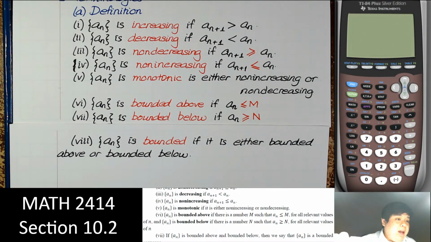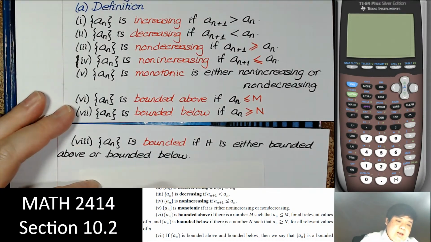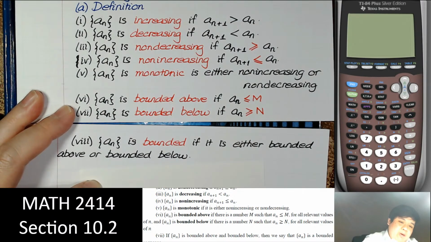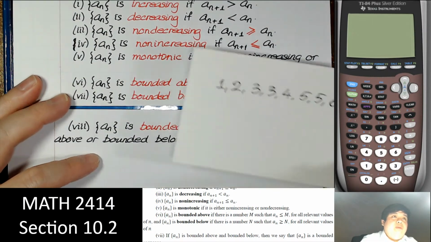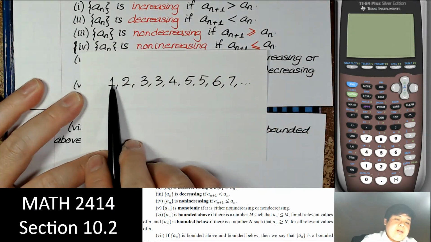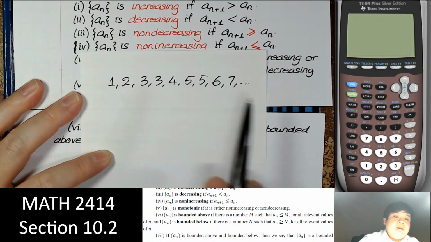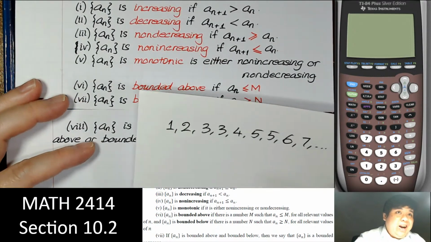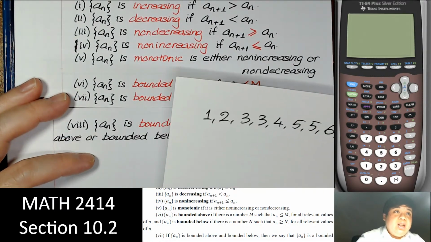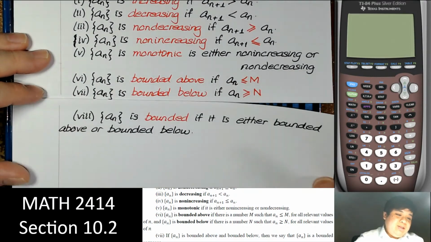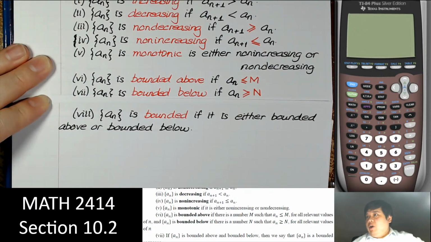For example, we might have something like 1, 2, 3, 3, 4, 5, 5, 6, 7, and so on. It is increasing except it is equal for those two numbers. So in this case, we call this one non-decreasing because that is not decreasing. Right, just the way we call it.